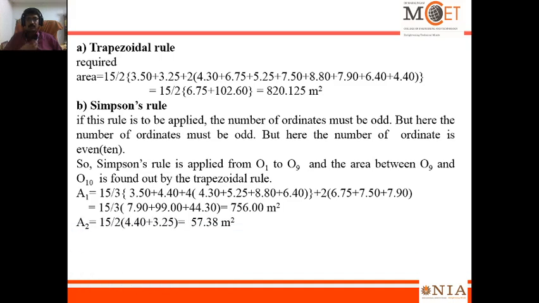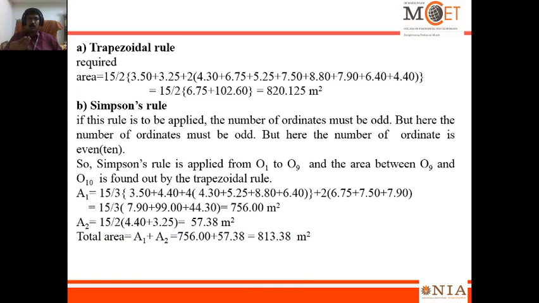And for the last small portion O9 and O10, the area by the trapezoidal rule is d by 2 into O9 plus O10, which is equal to 57.38 meter square. So the total area is 813.38 meter square, right?